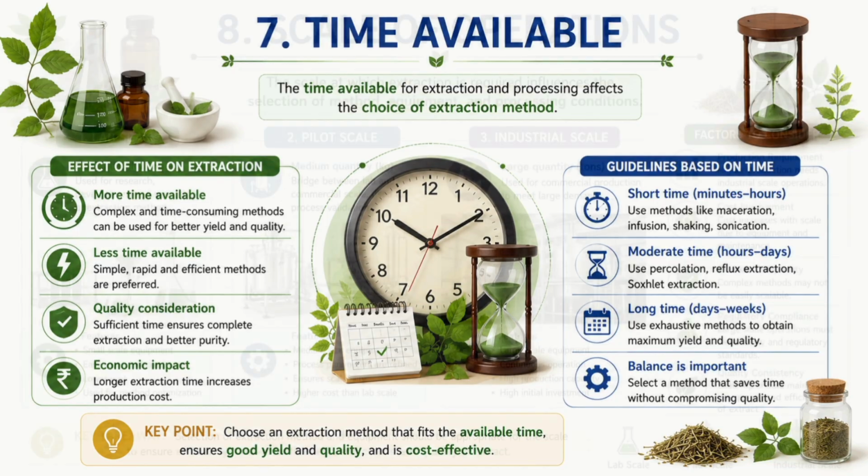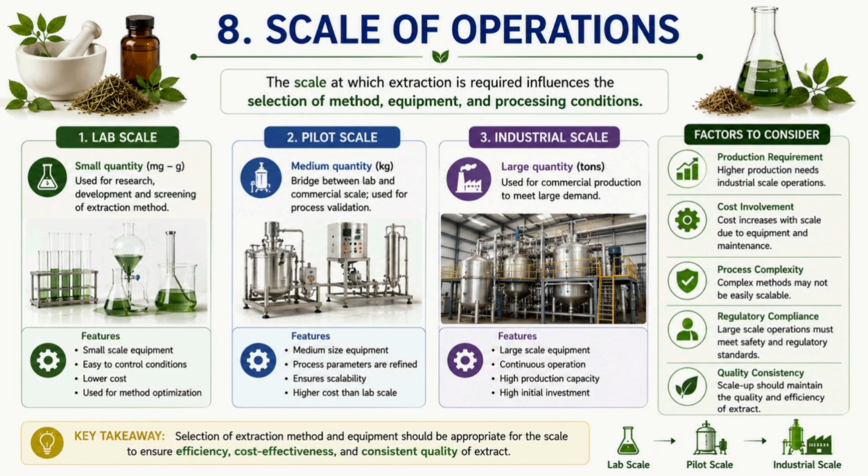Okay. Scale of operation. So now consider the scale of operation. A method suitable for a small laboratory quantity may not be ideal for industrial production. In a college laboratory we may handle a few grams of crude drugs, but in industry hundreds of kilograms may be processed.